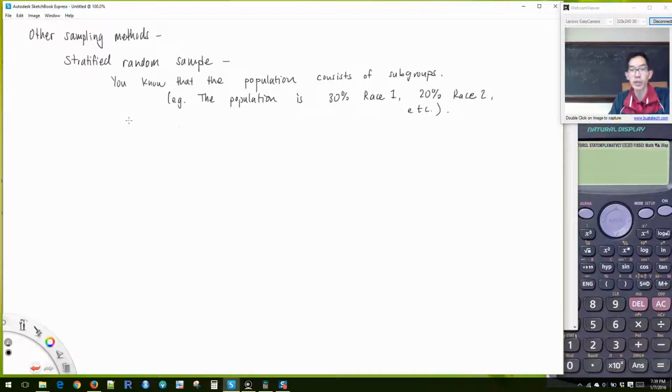Okay, and so when you select your sample, you force your sample to have these same proportions.